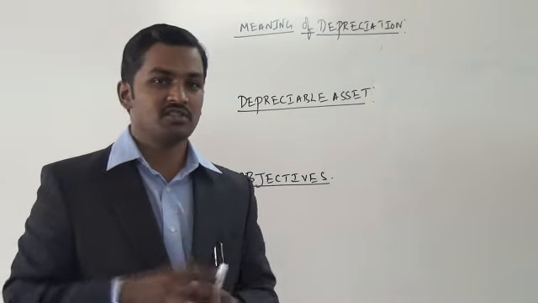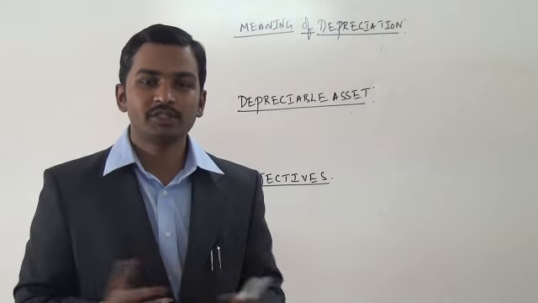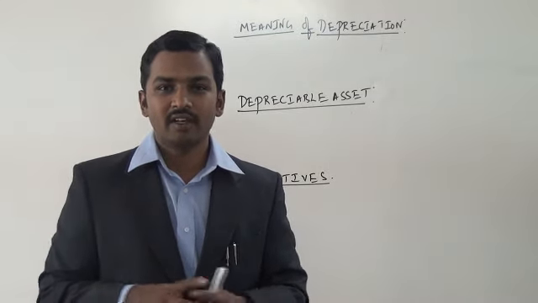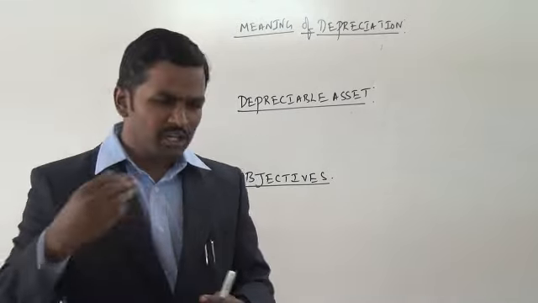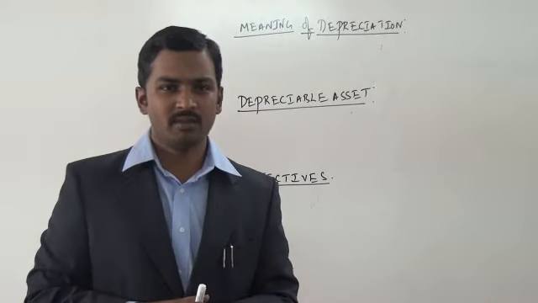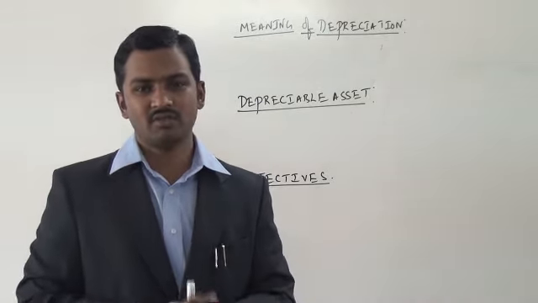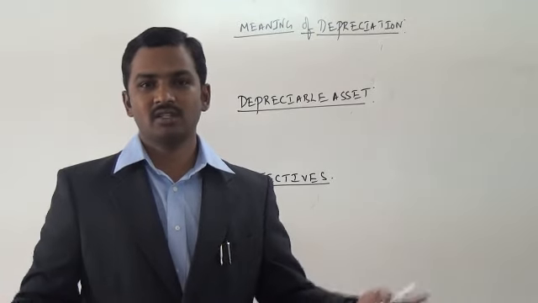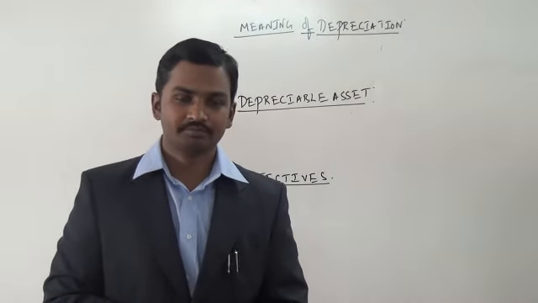So when technology changes, it makes the old machinery obsolete. Also, when there is no demand for the product which is being manufactured by the asset, when there are market changes, when there is change in demand, the asset automatically becomes obsolete.